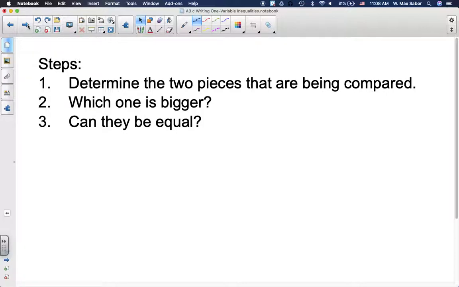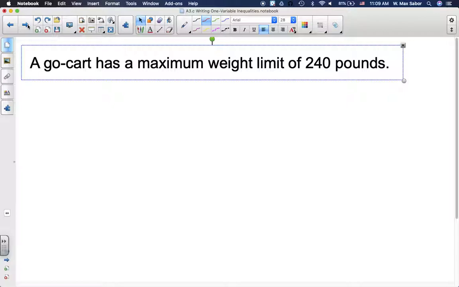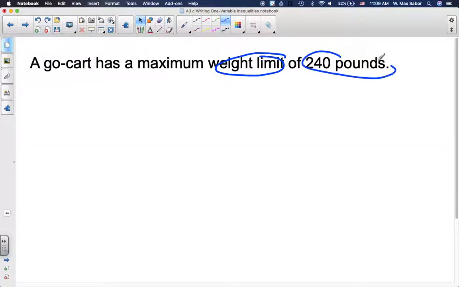The things that we're usually doing when we're writing an inequality: we're determining which two pieces are being compared, which one is bigger, and can they be equal. A go-kart has a maximum weight limit of 240 pounds. The weight limit is being compared to 240 pounds.